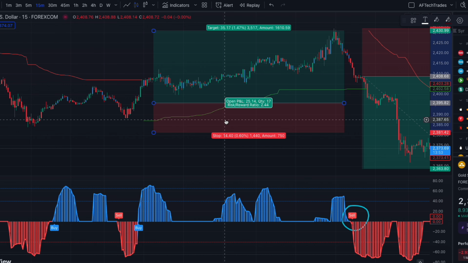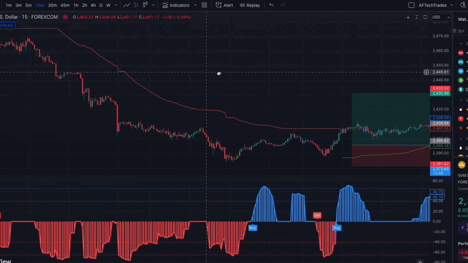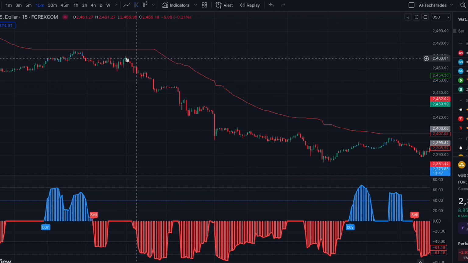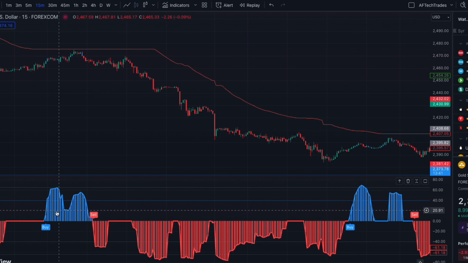Another thing to bear in mind is that you can see here, for example, it triggers a sell, and here also it triggers a buy. There's a sell around this side. Let me mark it out.